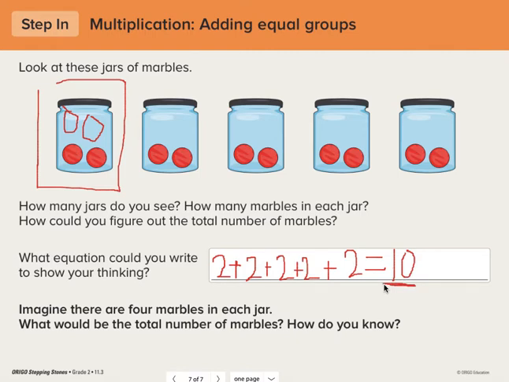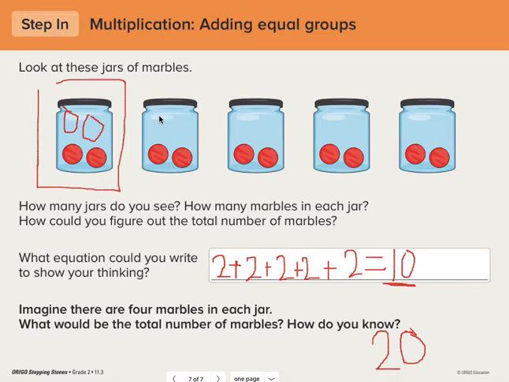Our answer is going to double too, isn't it? What is double 10? Double 10 is 20, right? And does that make sense? If we double 1 jar and then we double all of the jars, our answer is just going to be doubled, right? We don't even have to go through and count by fours if we don't want to. You could.